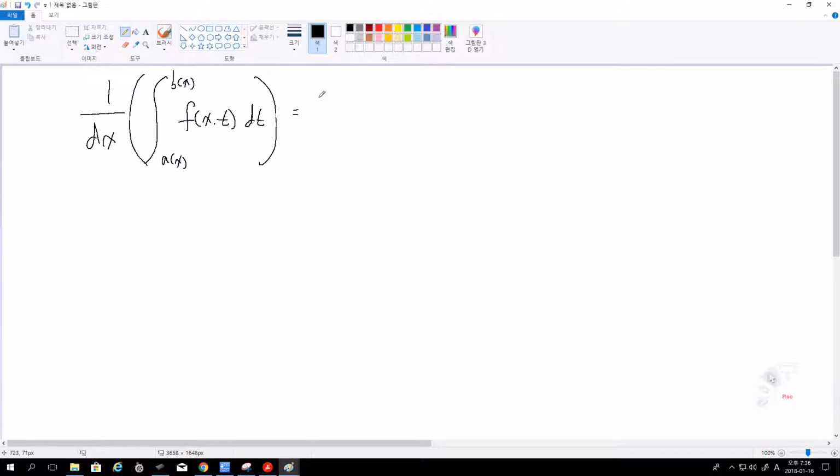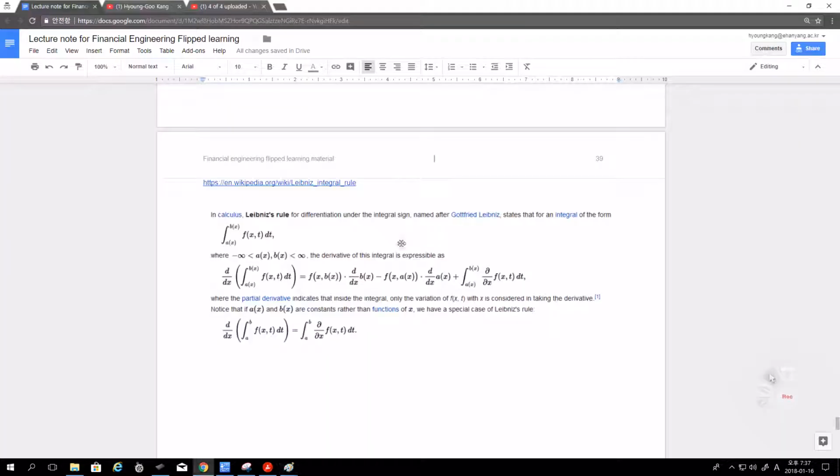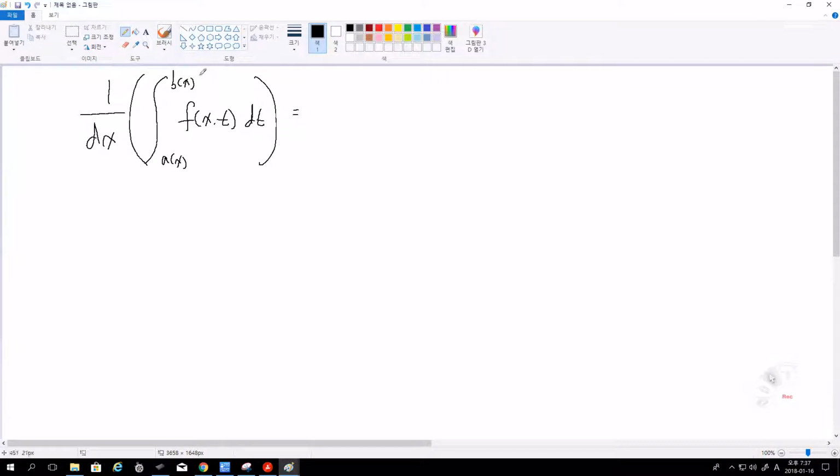Okay, so the Leibniz rule is that, well, integration is the size of an area. As b(x) increases, it tends to increase the size of the area. If a(x) increases, it decreases the size, right?